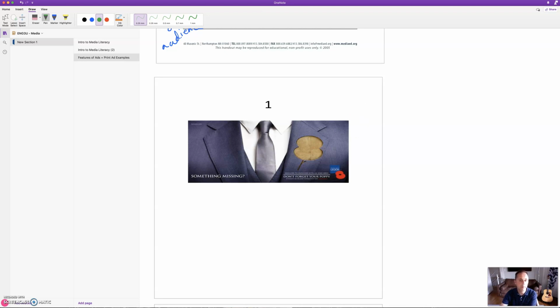What's the purpose of this ad? Let's think about the text. Something missing. So clearly this is a keyword, right? Don't forget your poppy. What's a poppy? Here it is, right? So this is to celebrate war veterans.